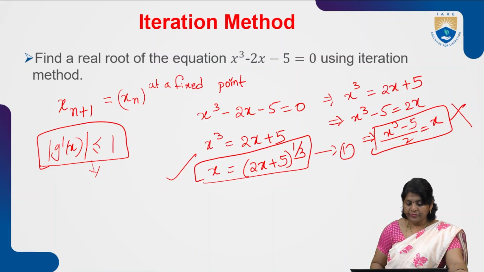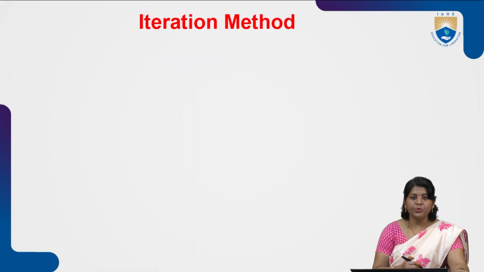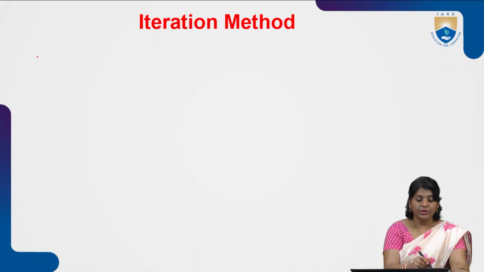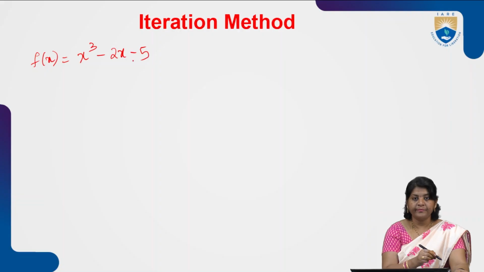So now we will find the real root for the given function. The given function f of x is equal to x cube minus 2x minus 5, and we rearrange this as x is equal to (2x plus 5) whole power 1 by 3.